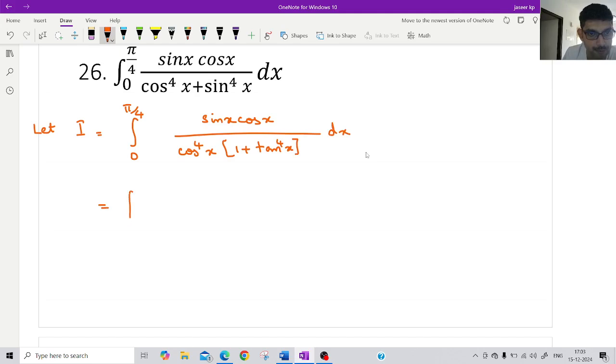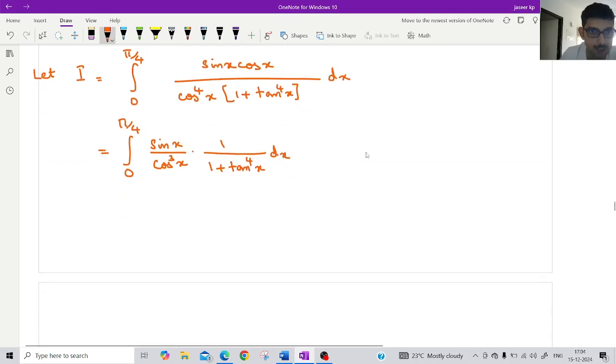Now numerator sin x cos x and denominator cos power 4x. So further simplifying, it will become sin x by cos cube x and 1 by 1 plus tan power 4x dx.